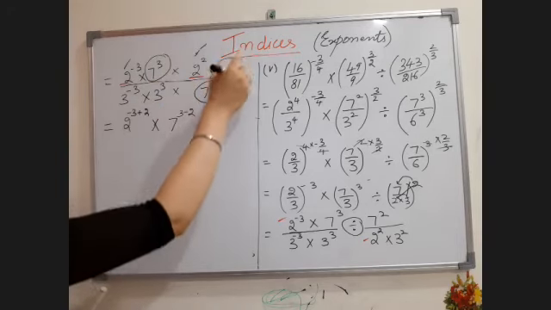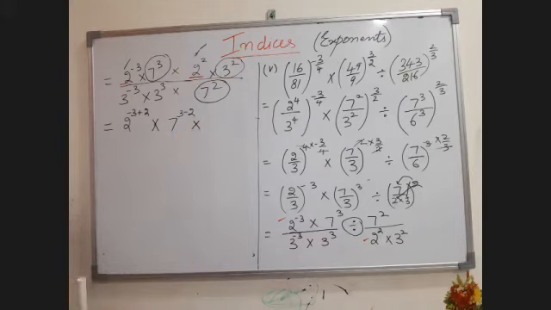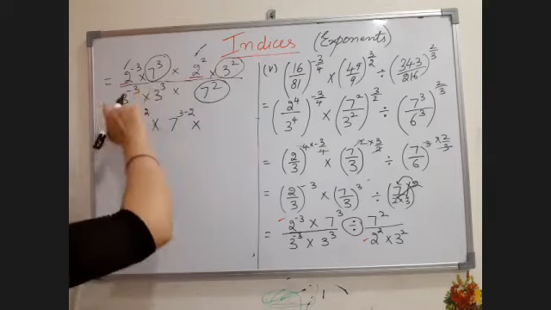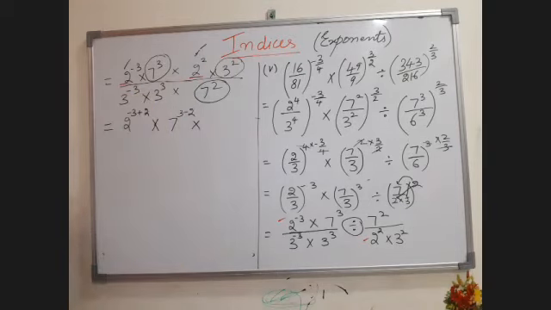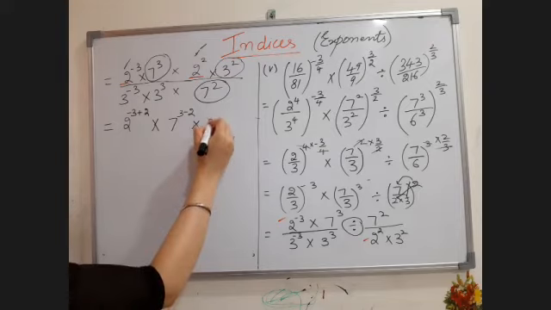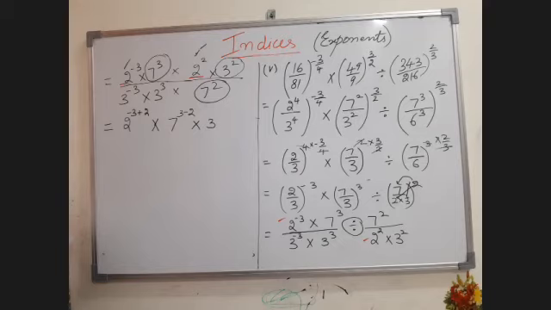Now this 3 is there. This 3 is in the numerator, but these 2 3s are in the denominator. So which rule can we apply here? Quotient rule or product rule?